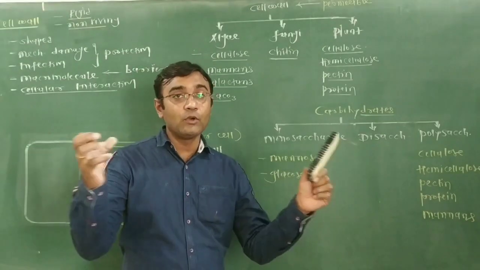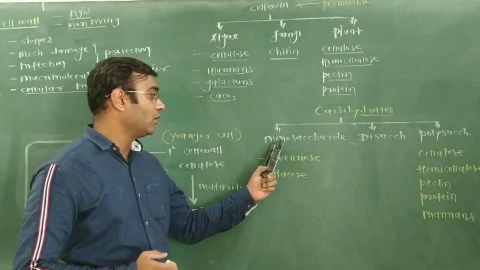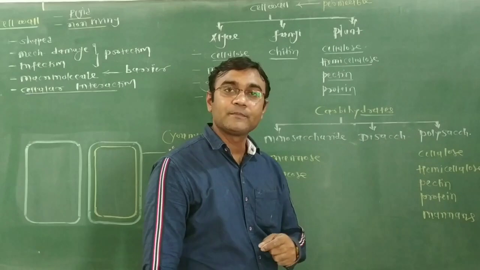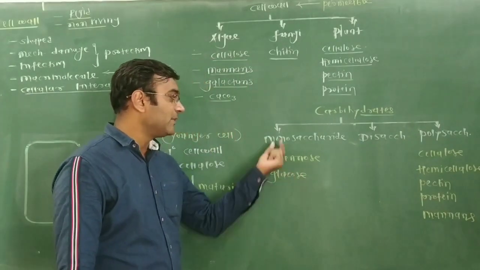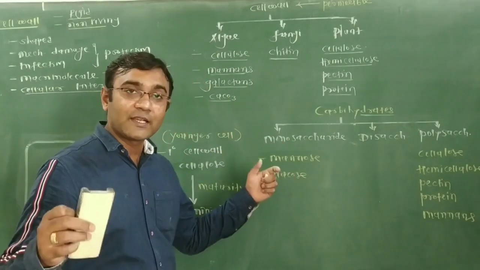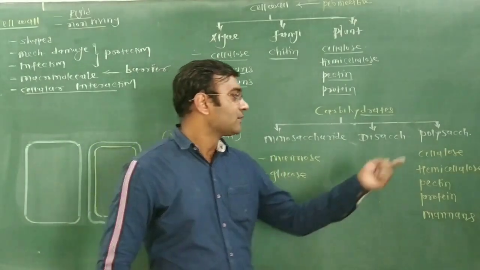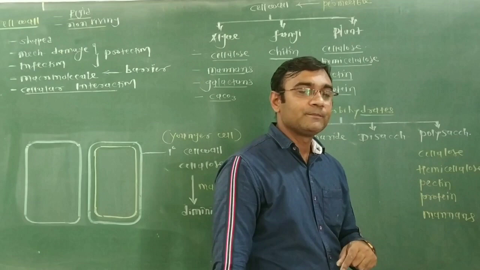When two molecules of glucose join, meaning two molecules of monosaccharide join to each other, they form a disaccharide. Many molecules of monosaccharide interact with each other and form a polymer structure, which is called a polysaccharide.